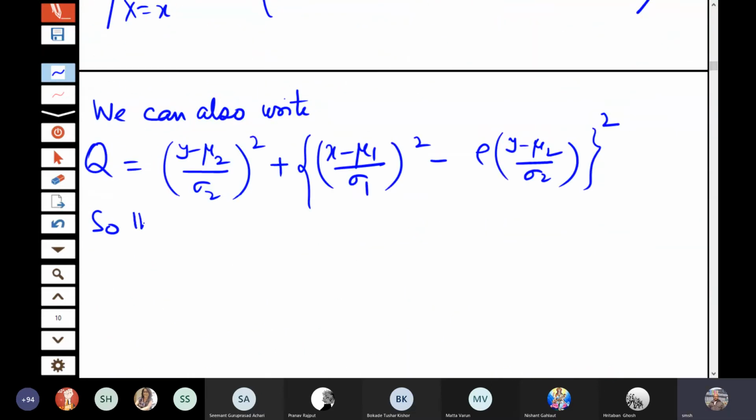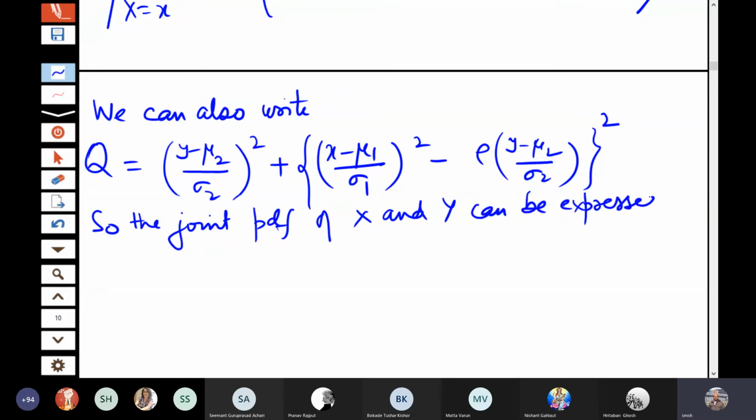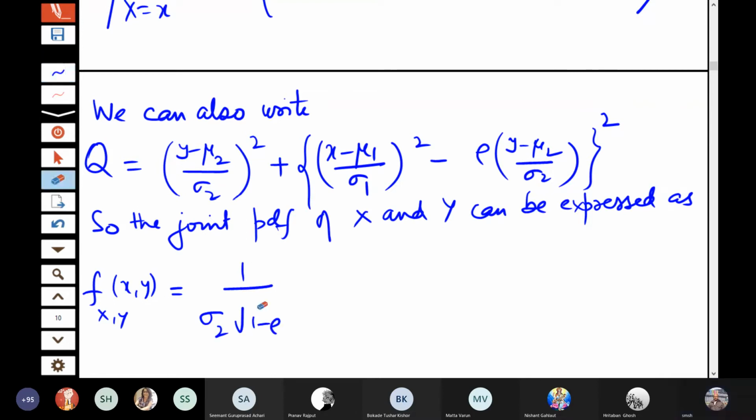So the joint PDF of x and y, f of xy, can be expressed as 1 by sigma 2 root 2 pi e to the power minus 1 by 2 y minus mu 2 by sigma 2 square, and the remaining term will come for this part.